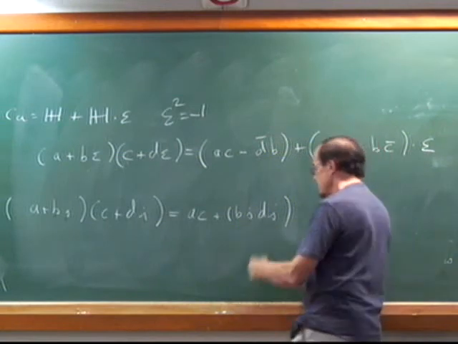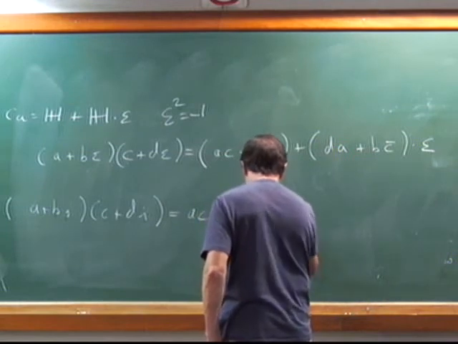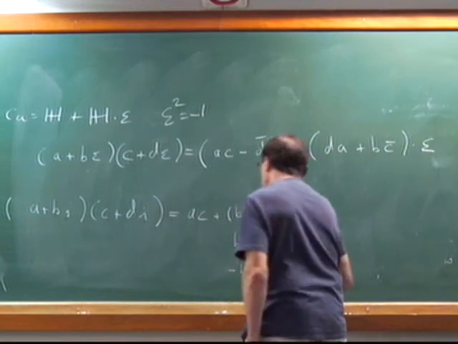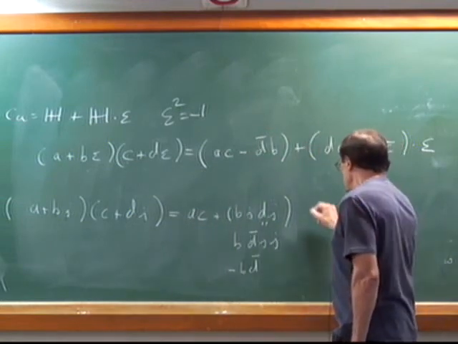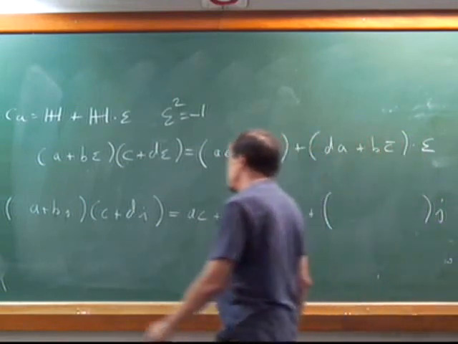So it's the same thing as B D bar jj. j squared is minus 1, so it's minus B D bar. So that's the complex part. What's the j part?